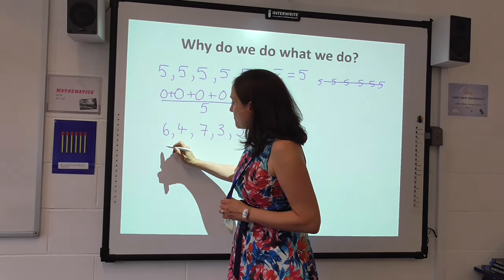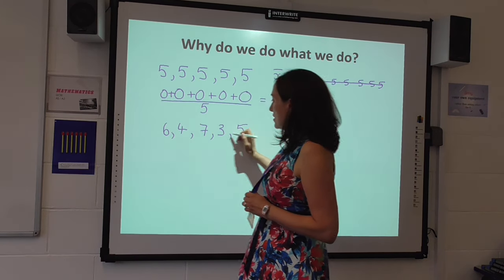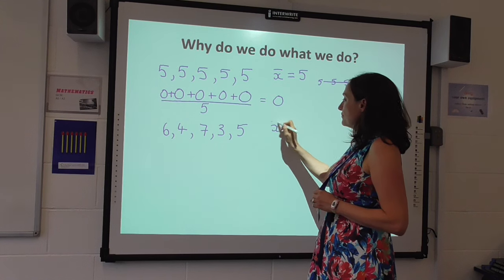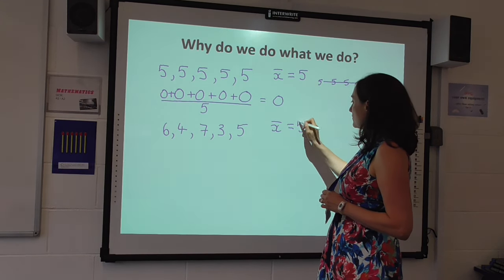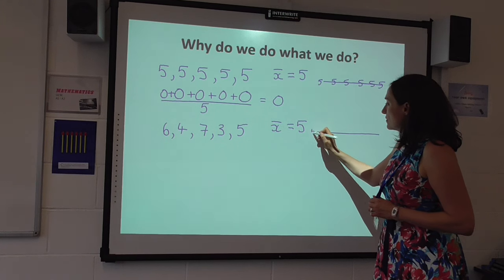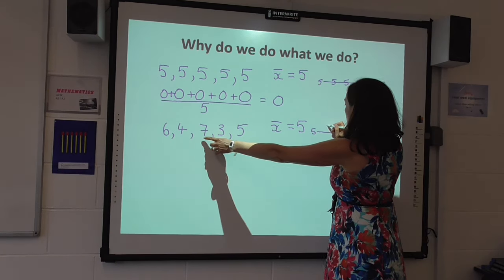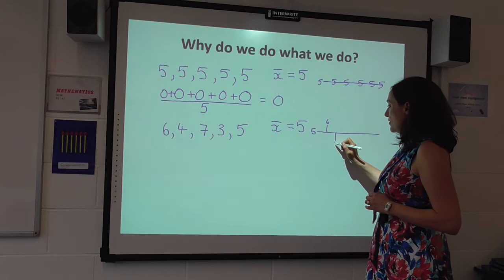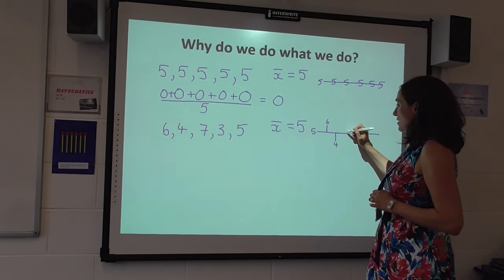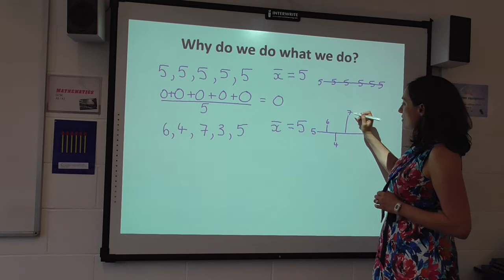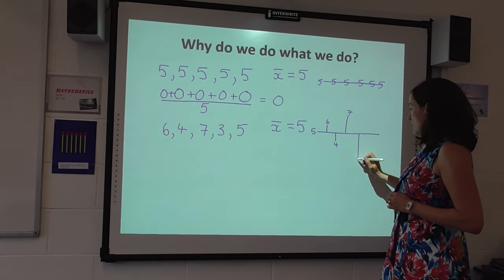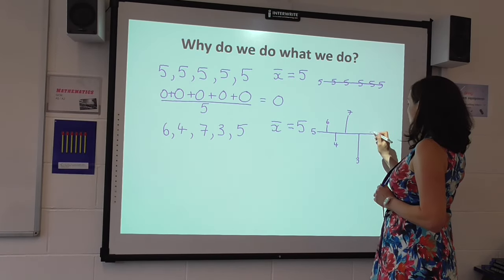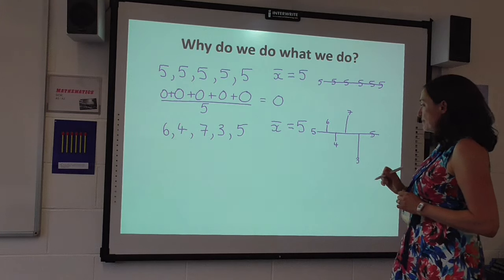So the mean for that data is again going to be 5. This time we've got one number that's 1 above, a number that's 1 below, a number that's 2 above, 2 below, and 5, slap bang the same as the mean.